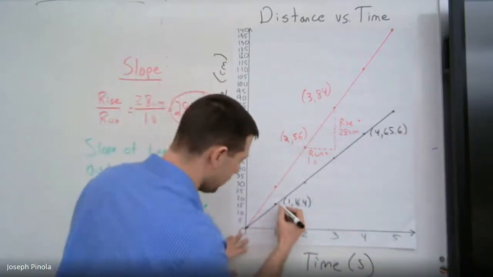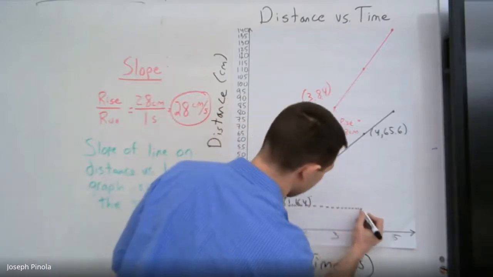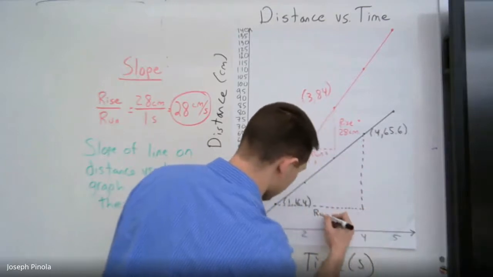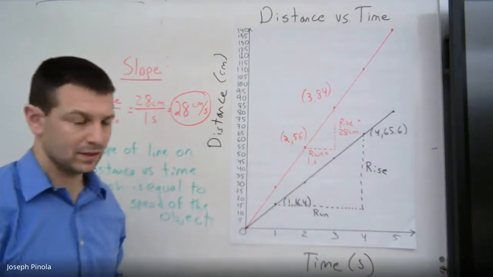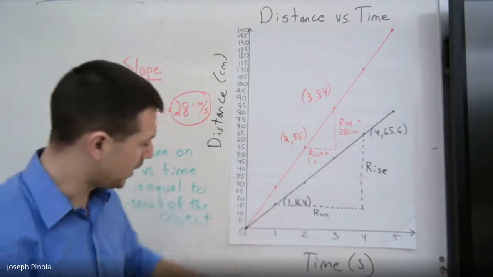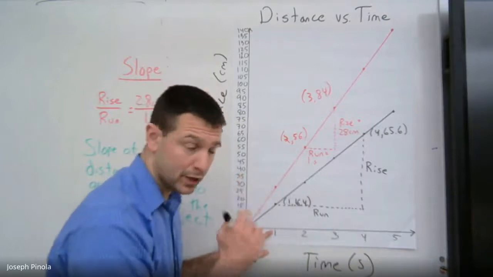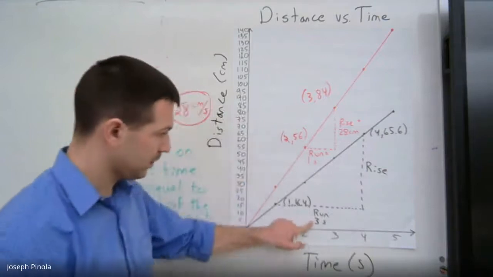And once again, we will do our rise and our run. To find the run, we went from 1 to 4 seconds. That's a difference of 3 seconds. So the run is 3 seconds.